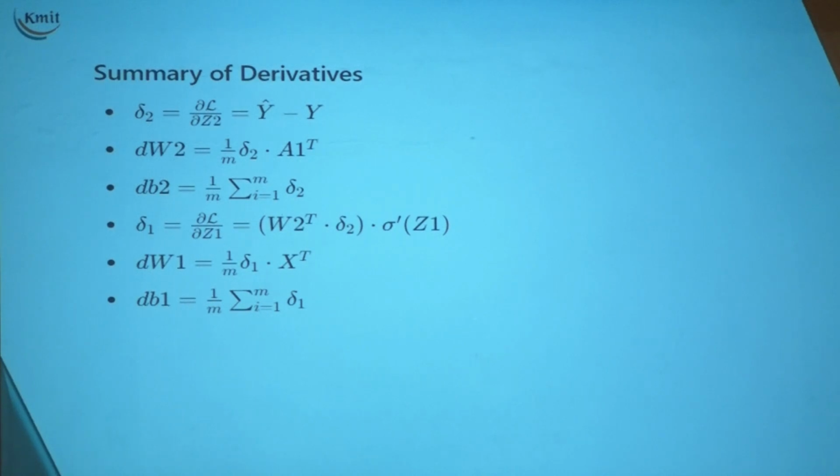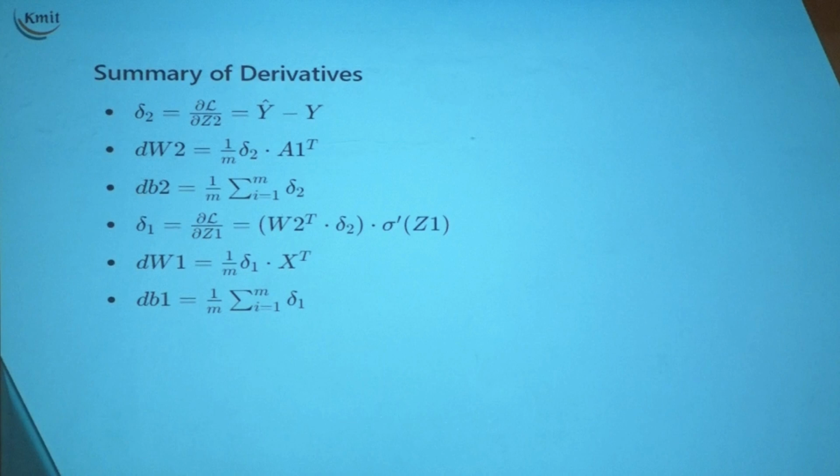Why am I taking A1 dot transpose? Because I want to calculate all the row values. So usually it is a 2 by 2 matrix, but I want to take it in one matrix. So I take A1 transpose. And then dB2, dZ1, dW1, dB1.